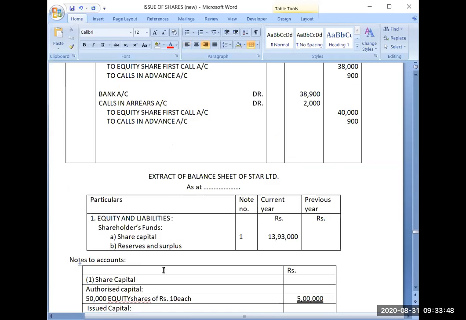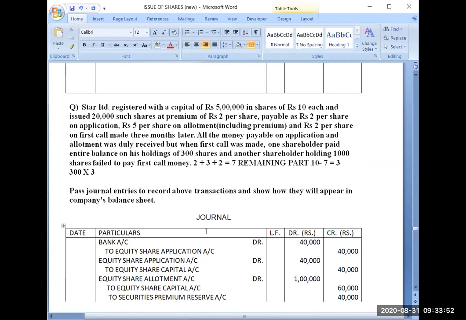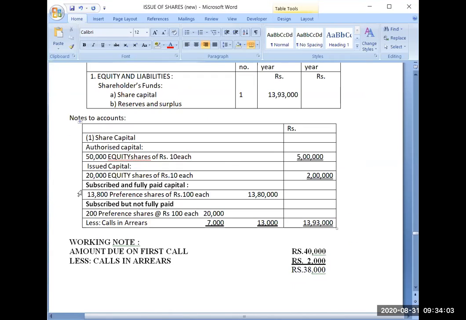Now, because you have not called the full amount, your called up capital is only rupees 7 per share. That's why there will be only one category, not fully paid up. This category will not be here: subscribed and fully paid up.